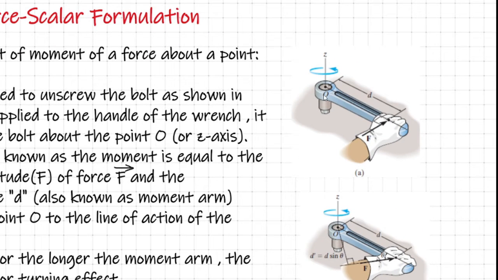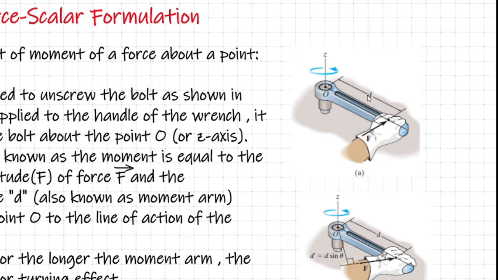The turning effect produced at the bolt location, that is at the point O, by the force F can be written as MO, the moment of the force F about the point O, equal to F into D, where F is the magnitude of the applied force and D is the perpendicular distance measured from the point O onto the line of action of the force F. It is very important that D has to be measured perpendicular to the line of action of the force F.